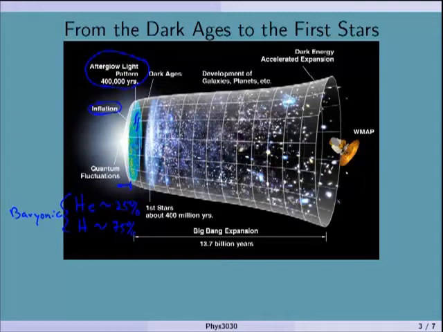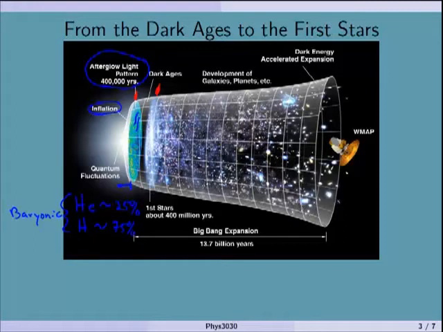Now what we want to do today is get from this recombination period to the first stars and talk about this early period of stars. The dark ages are really just this part of the history of the universe where there's no real light, because the photons have been absorbed.